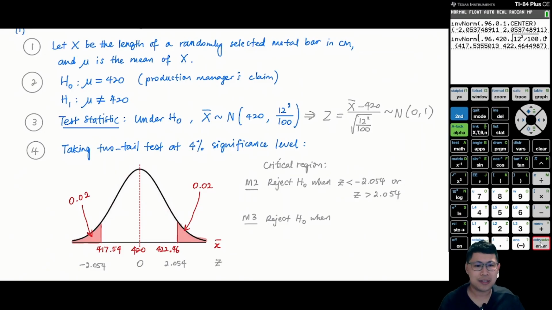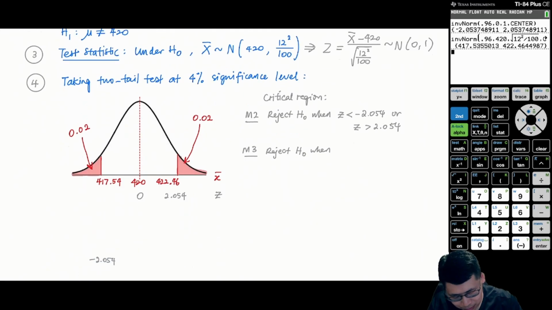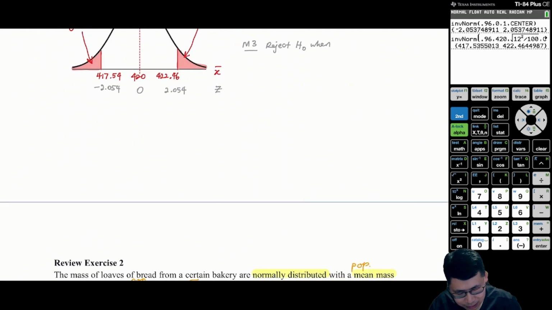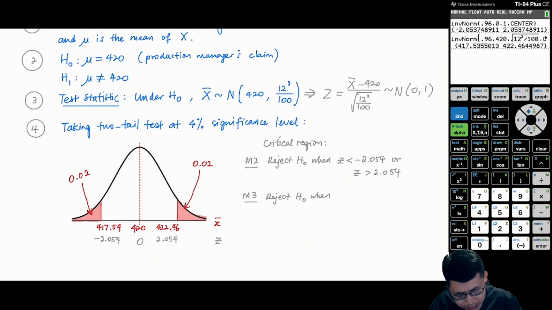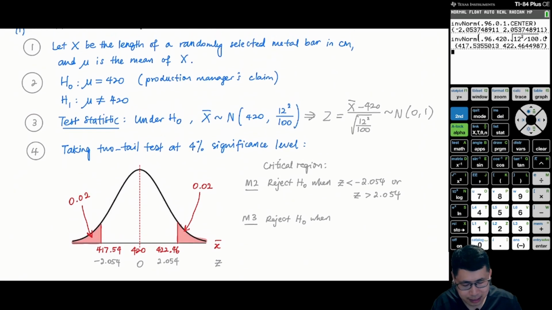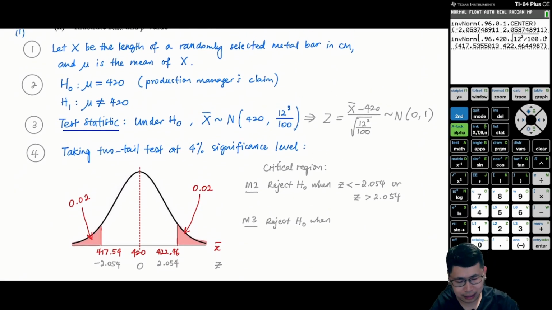Okay, so something like that. Let me bring this closer inside. So this is us setting up for the critical region.